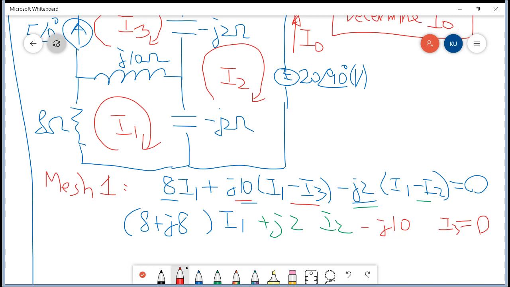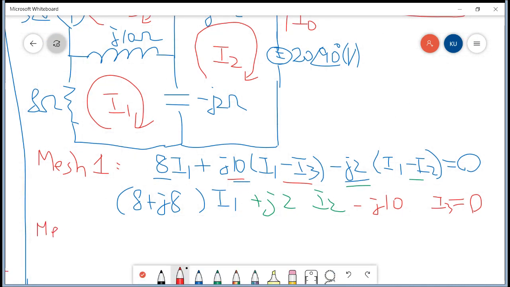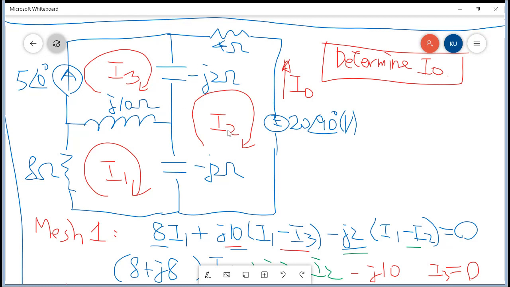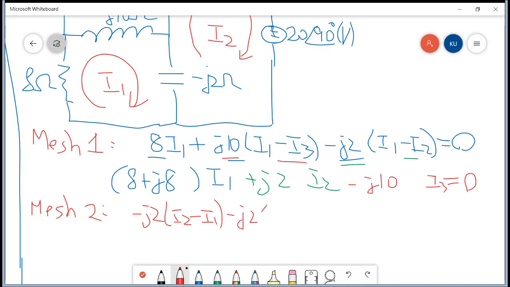And then for the second one, mesh 2. First we have this minus J2, and then the current I2 will be positive, and then I1 will be negative. Next, also this one, minus J2 multiplied by I2 minus I3.